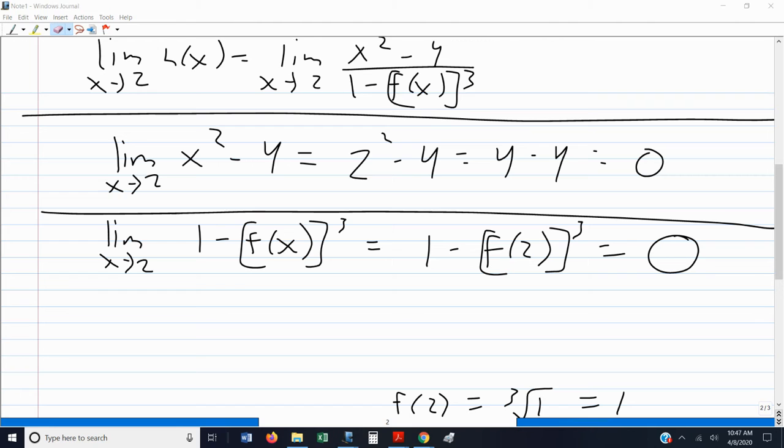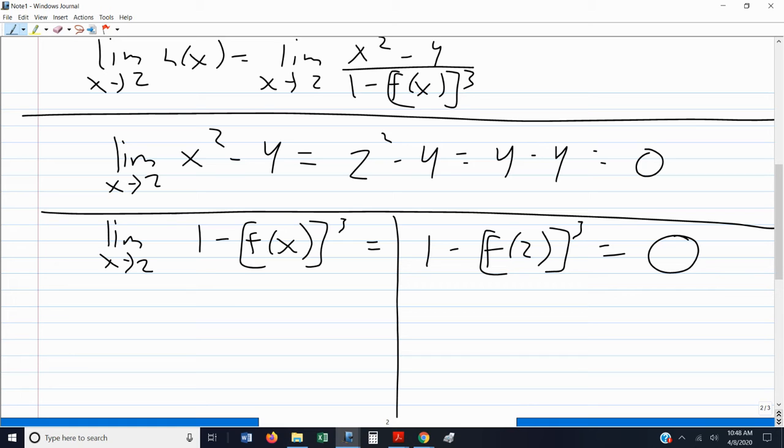So I know if I plug in 2 to the top, I get 0. If I plug in 2 to the bottom, I also get 0, and that's why I can use L'Hopital's rule. That's going to give us an equation to solve.